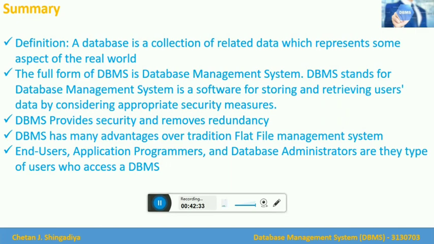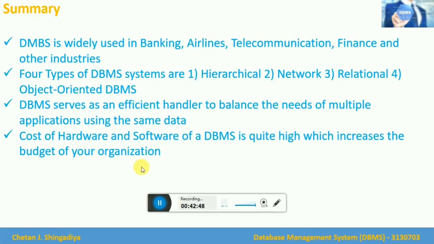We have also seen the difference between DBMS system and flat file management system. We have seen the users of DBMS environments. We have seen the applications of DBMS systems like banking, airlines, telecommunication, finance and other industries. We have seen the types of DBMS systems like hierarchical, network, relational and object oriented DBMS.